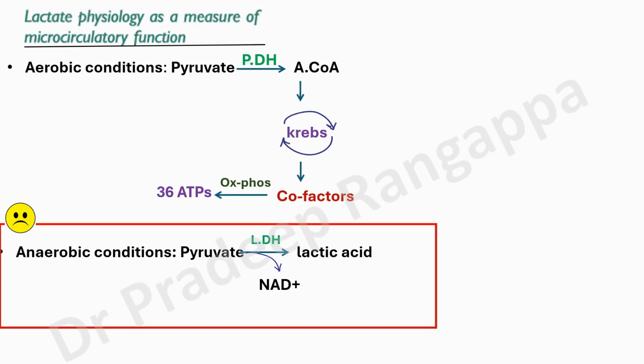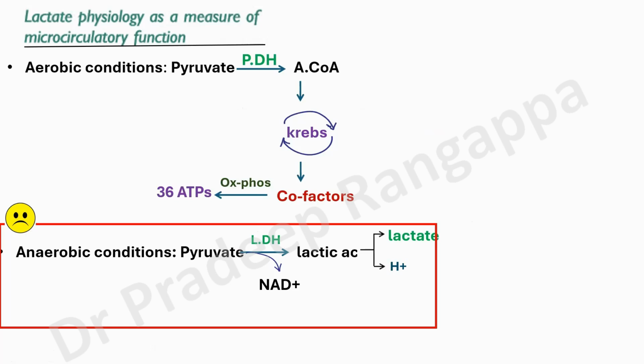But when there are anaerobic conditions, you saw that nice unit where the arteriole is sending oxygen to the cells, and this is impaired. Then there are anaerobic conditions. So instead of pyruvate dehydrogenase, lactate dehydrogenase converts pyruvate to lactic acid. And this lactic acid gives rise to lactate and hydrogen ions.